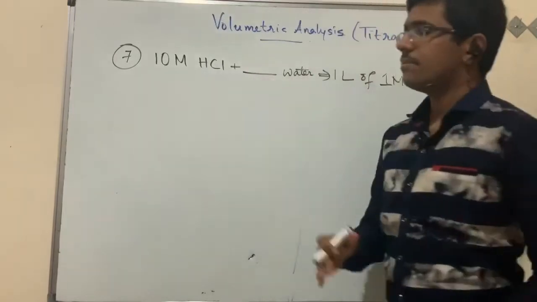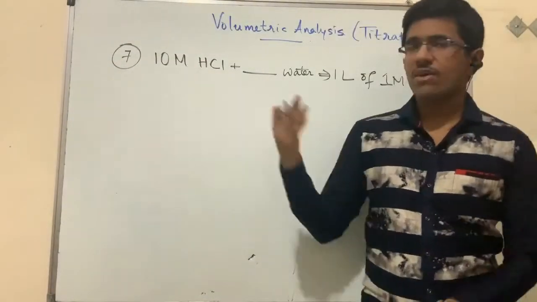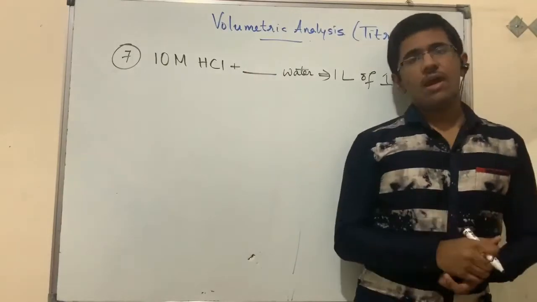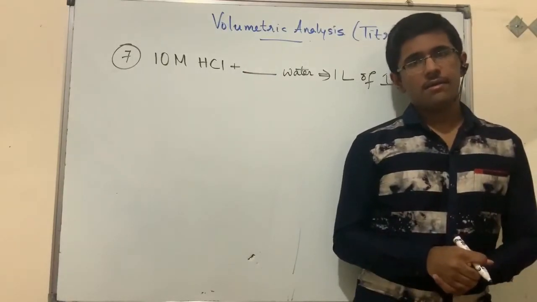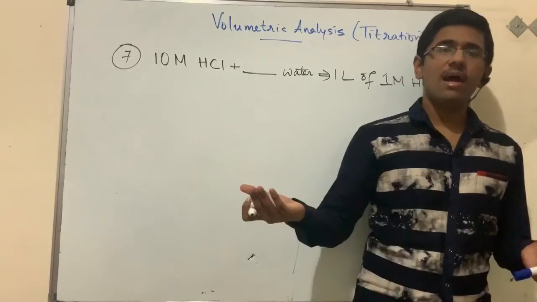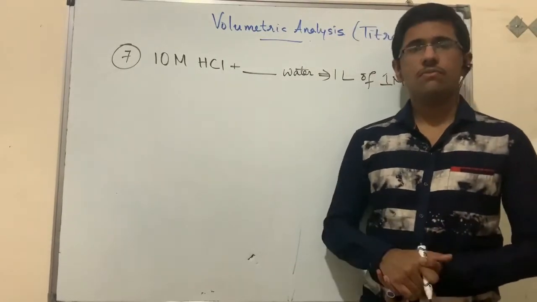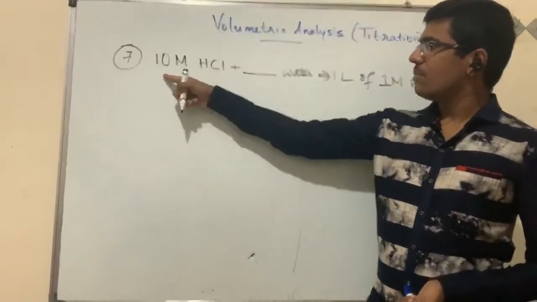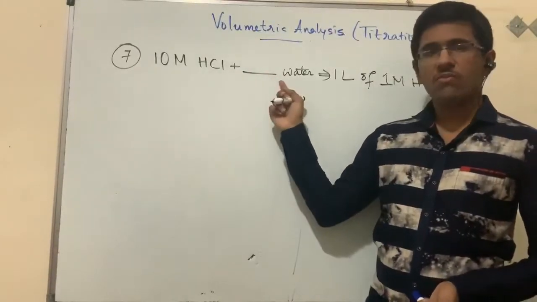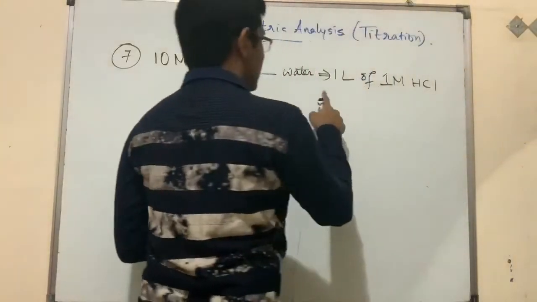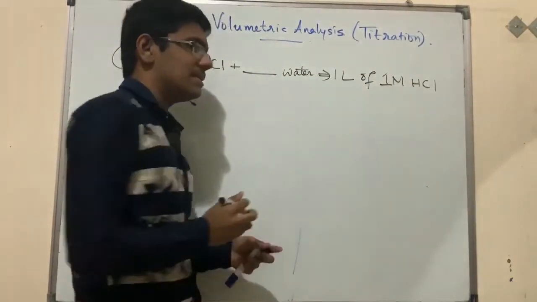That is, 10 molar HCl you have in a bottle. How much water do you need to add? You have to add acid into water. Never add water into acid, okay? Acid only is added to water. So how much 10 molar HCl and how much water is required? After the dilution process, you will be getting 1 liter of 1 molar HCl.